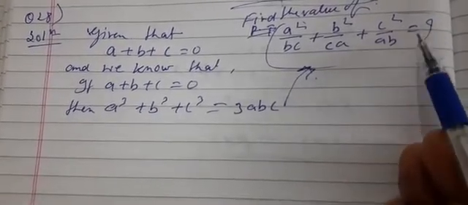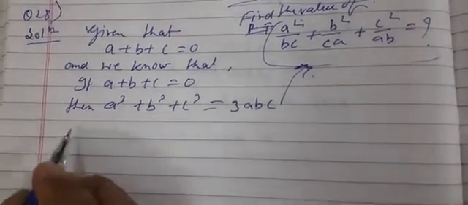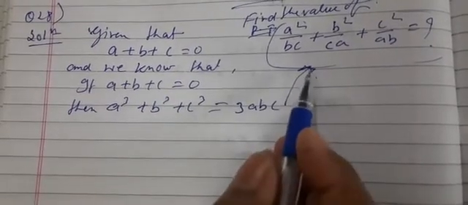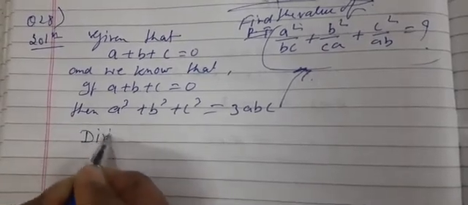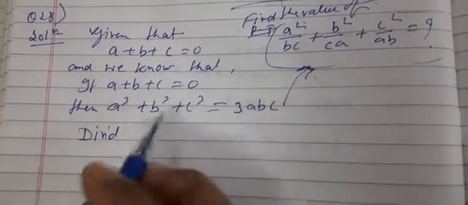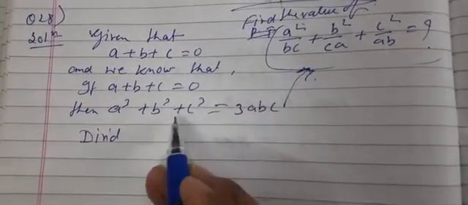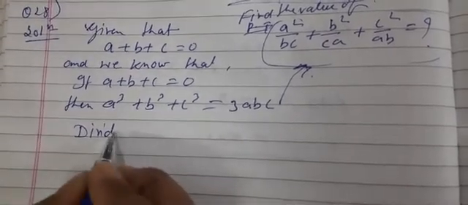The other side is 3abc, which we divide by abc, and we will reach our answer. So I have given you a hint how we decide the next step. Dividing both sides, because I want to reach here, I compared our goal and our current step, and then we decided that we are dividing both sides by abc.